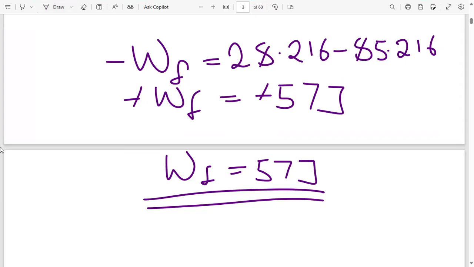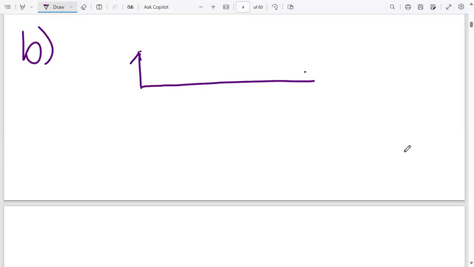Let's go to our blank board. Okay, so this is question B. Okay, so we have ball 1. So I can put up a simple free body diagram for ball number 1 here with its final velocity.